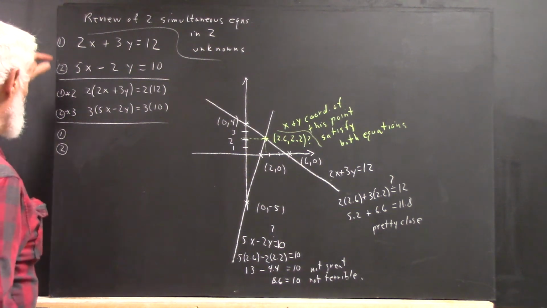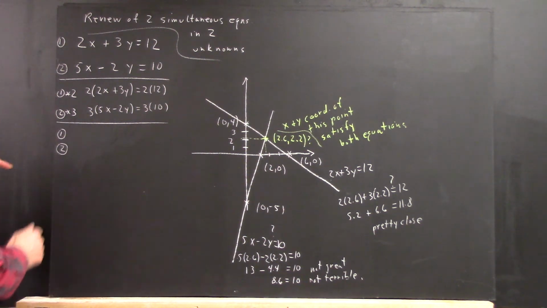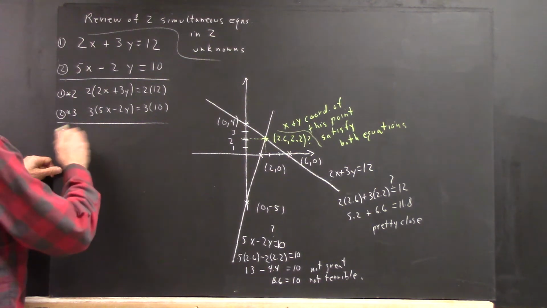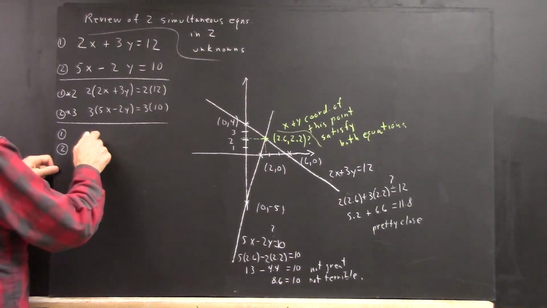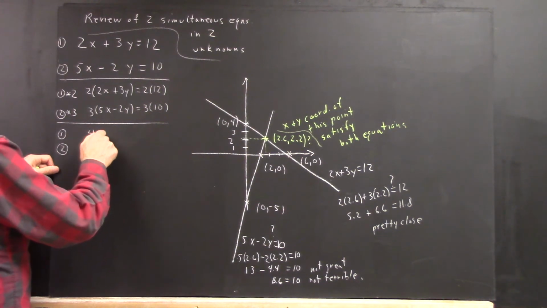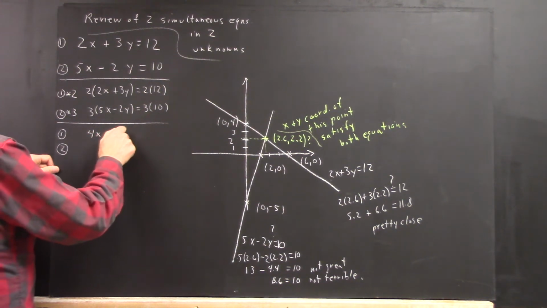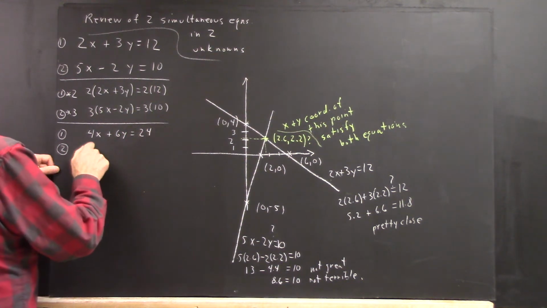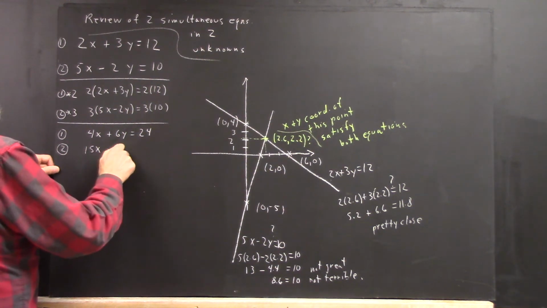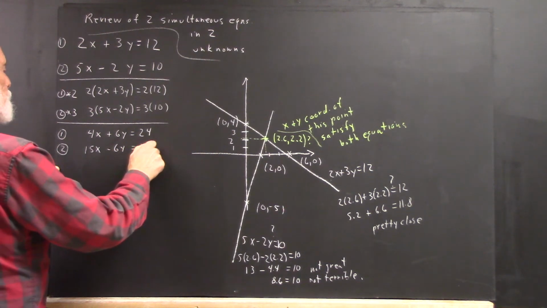It's not my original 1 and 2, but I'm going to label them as 1 and 2, since I'm not doing anything to them except applying the distributive law and doing some arithmetic. So I'm going to get 4x plus 6y equals 24, and 15x minus 6y equals 30.